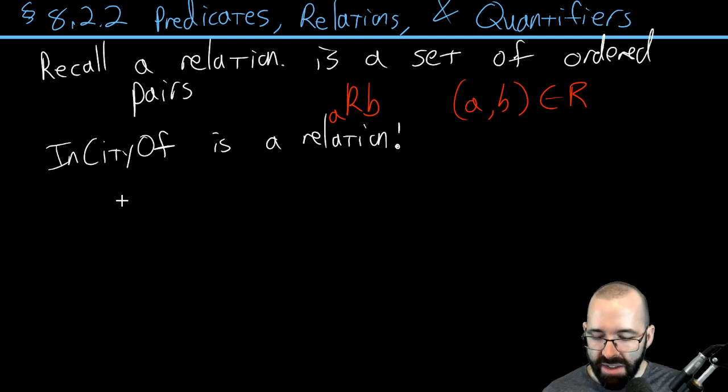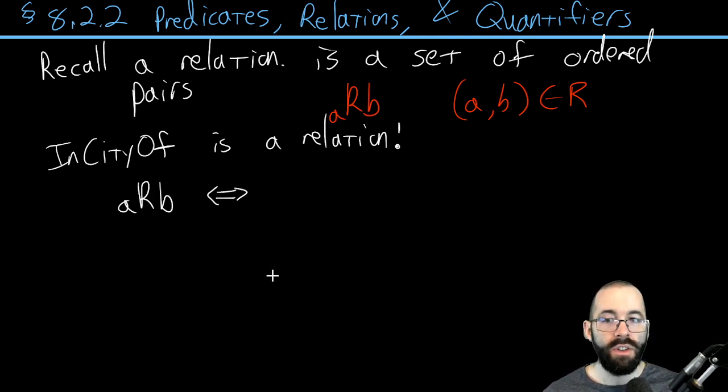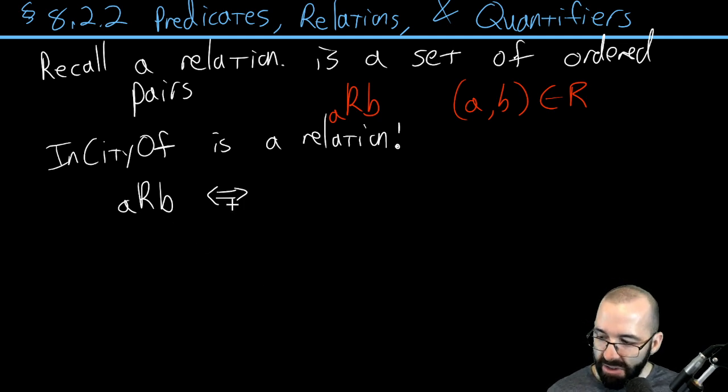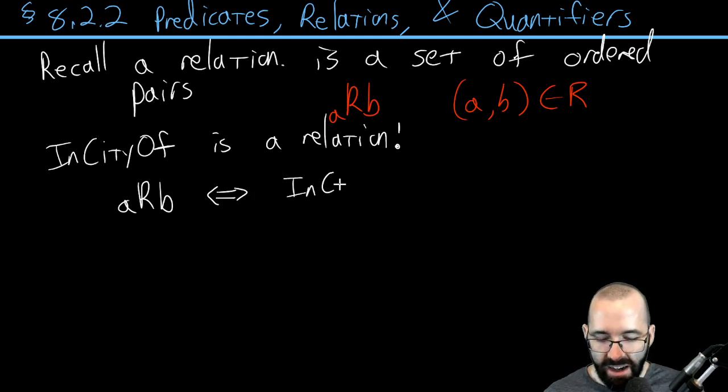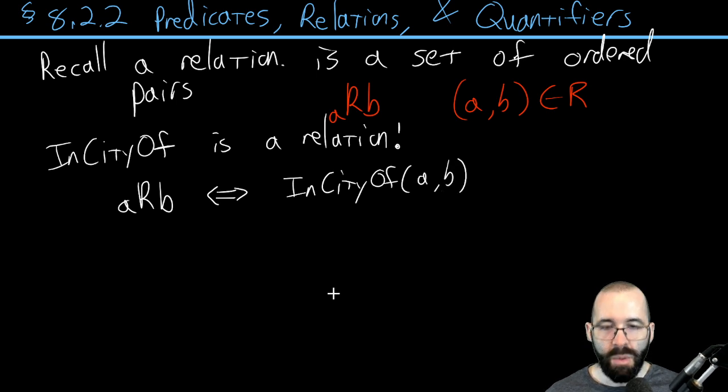Okay, so this is a relation. And let's look at the following statement. I'm going to make a statement here: A is related to B, which has a truth value of 0 or 1, if and only if, again, this is our equivalence logical operator, in-city-of(A, B).